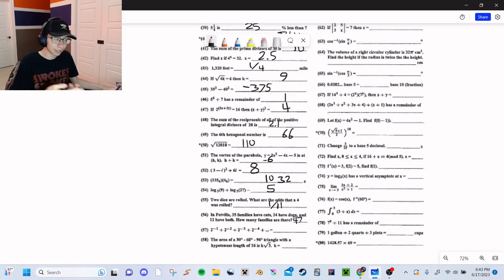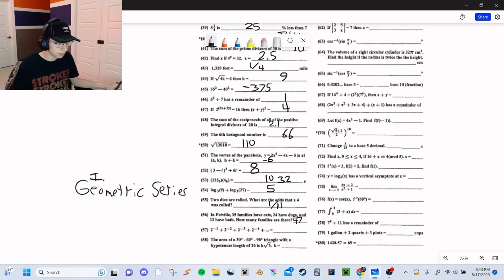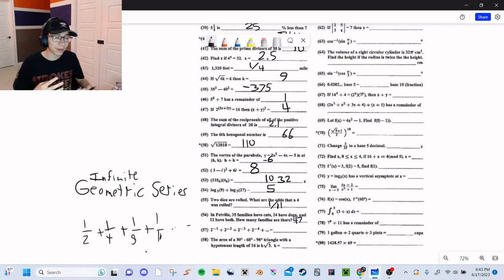Alright, next, number 57. So we have what we call an infinite geometric series. That's when I'm adding a half, a fourth, an eighth, a 16th, and so on. So let's break it down.